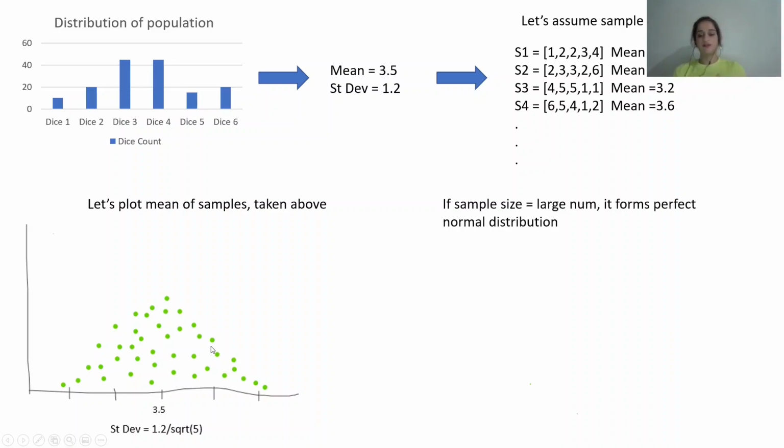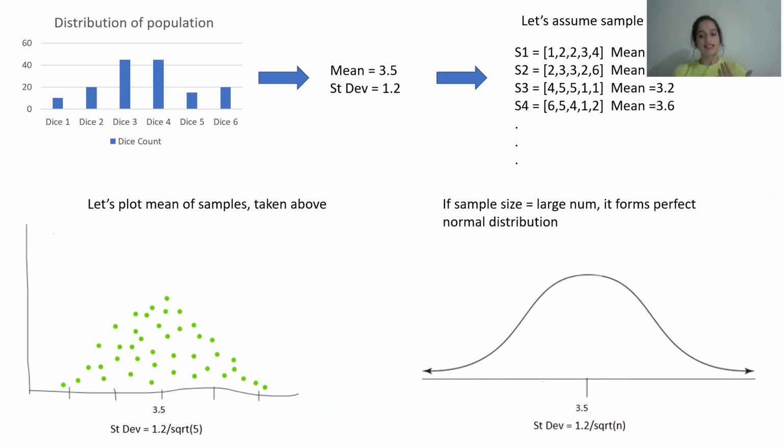When I take a sufficiently large amount of samples, say I plot this graph for 6000 or 7000 samples, it performs a perfect normal distribution with standard deviation as 1.2, that is of the population, divided by the square root of n. So this is what the central limit theorem is.